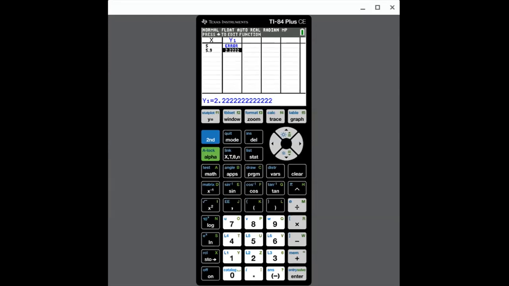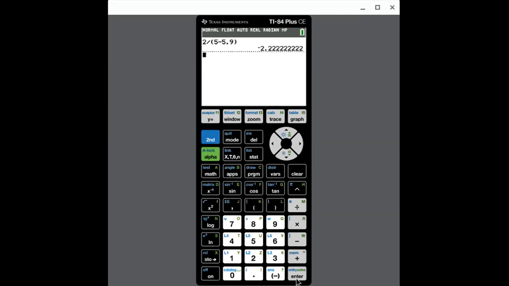Do you agree with me? So I have 2 over 5 minus 5.9, and that gives me negative 2.222222.